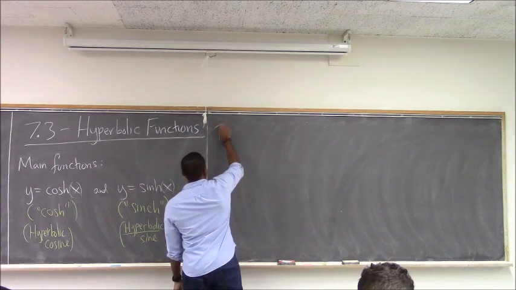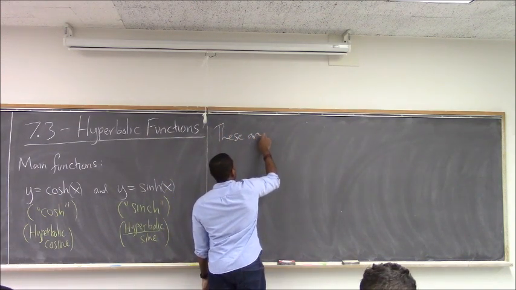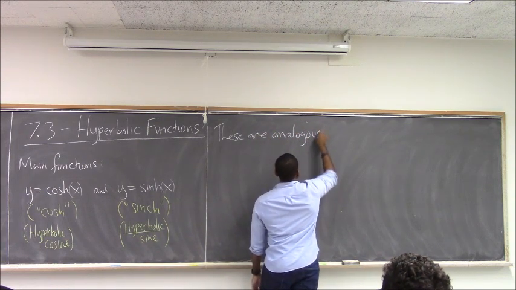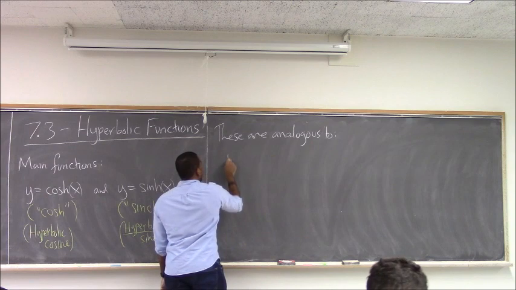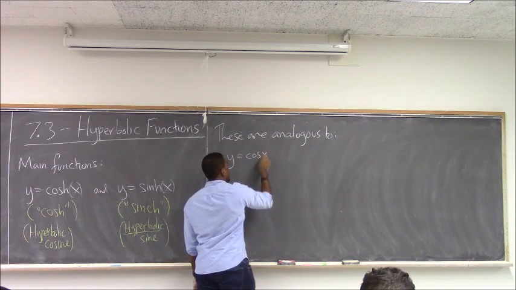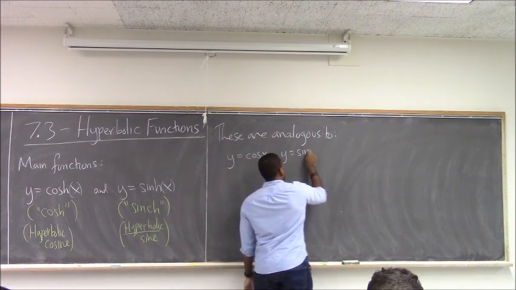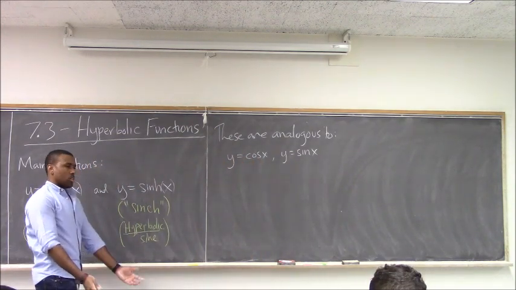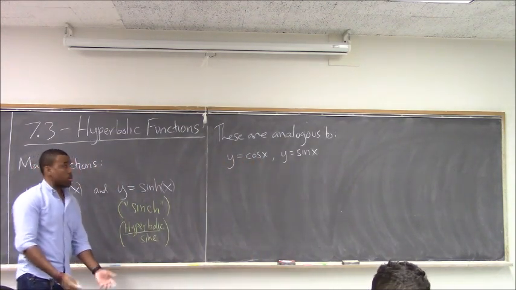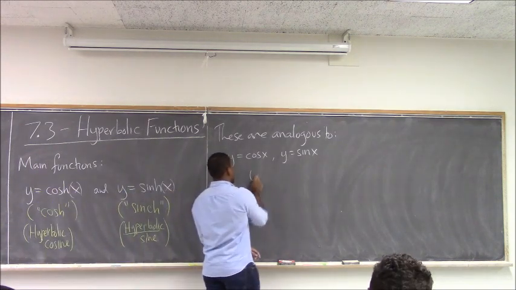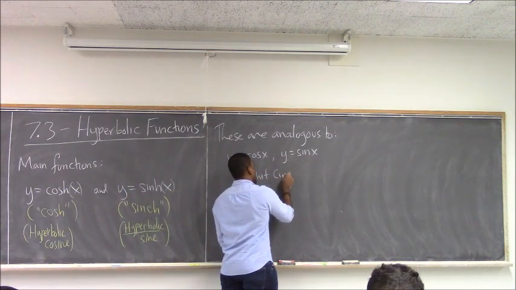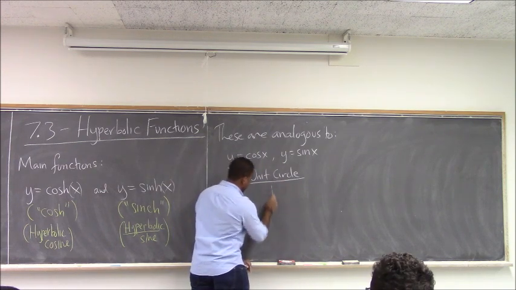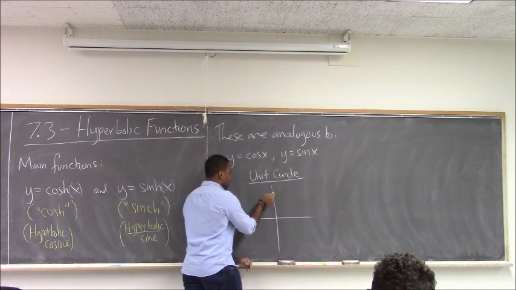So these are analogous to your good old-fashioned trig functions, cosine x and sine x. They're very similar, except where cosine and sine deal with a circle, these guys deal with a hyperbola. So remember what cosine and sine did. If you had the unit circle, did all this in pre-calc if you want to go back and remind yourself about trig functions.